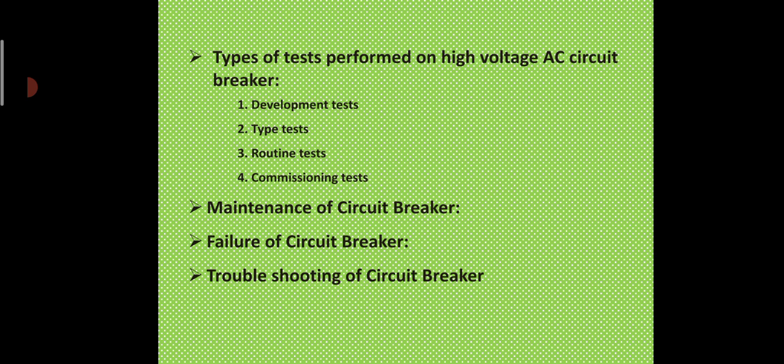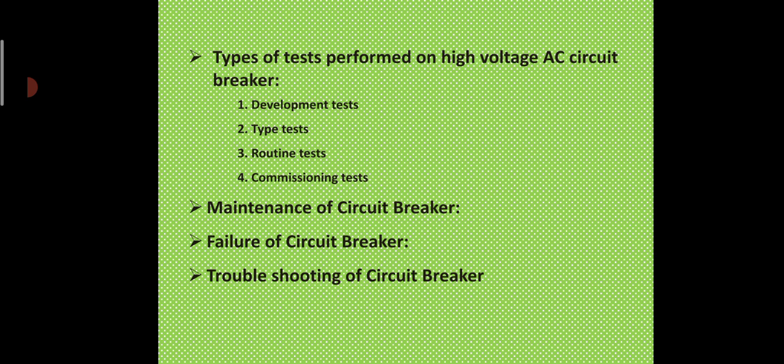In the type test, the tests are no load mechanical operation test, mechanical performance, temperature rise test, dielectric test, short time current test, short circuit breaking and making basic short circuit test, line charging current breaking test, cable charging current breaking test, single capacitor bank current breaking, small inductive current breaking test, out of phase switching, and short line fault test.